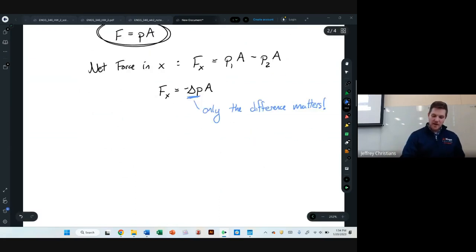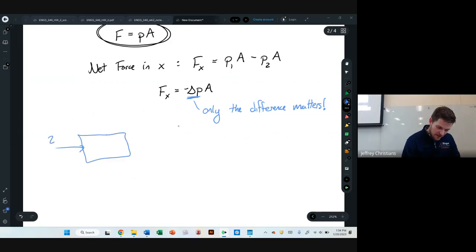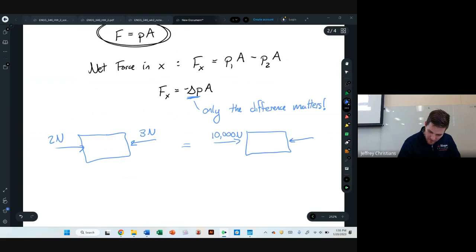So in effect, if you have, say, 2 newtons pushing on one side and 3 newtons pushing on the other side, that's exactly equal to 10,000 newtons on one side and 10,001 newtons on the other.